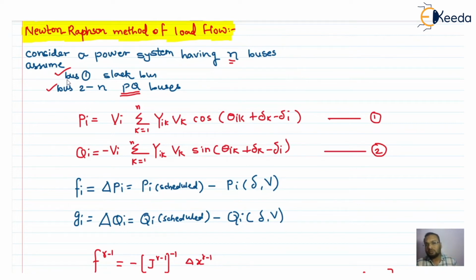This would be case 1 for us, where we are assuming that all the buses are PQ buses except the slack bus. In part 2 we'll consider the PV buses as well. First try to understand for PQ buses. If you understand this, we can apply the same understanding to a system which has PV buses.